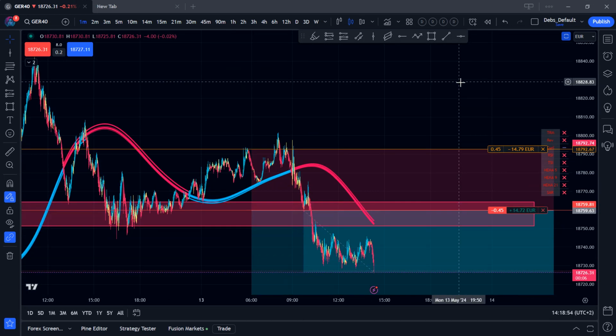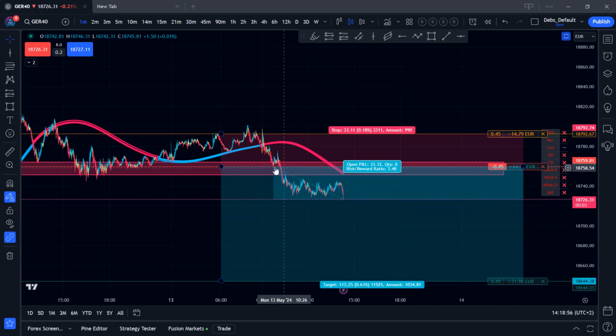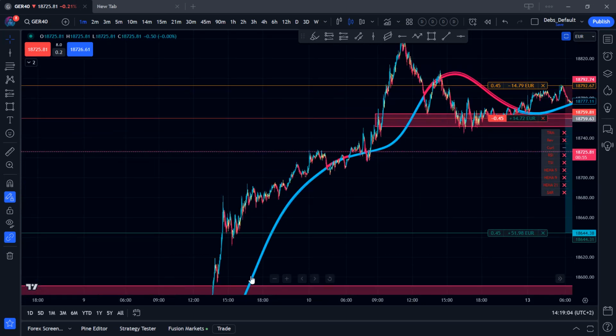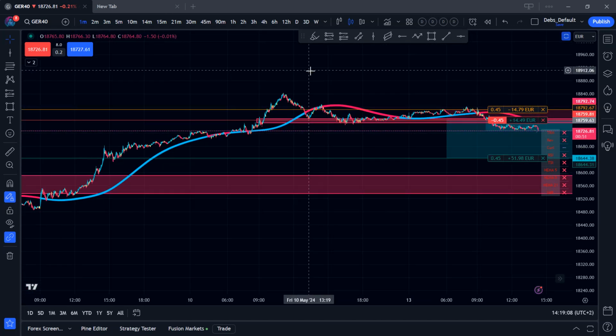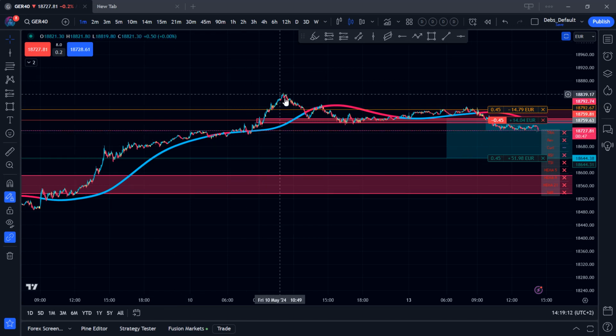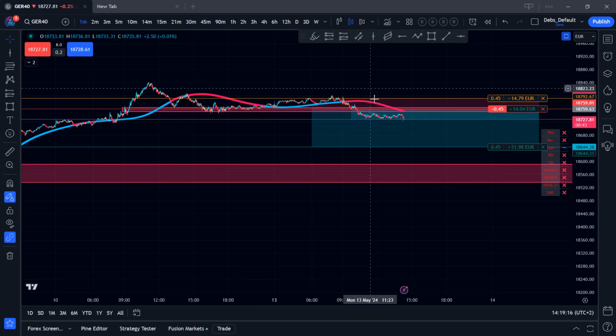So this is really good for scalping as well. If you want to scalp on the 1 minute, you can do that by literally going to the 1 minute, and it's just gonna show you the 1 minute trend. Here we have a 1 minute uptrend, 1 minute short term trend, as you can see.